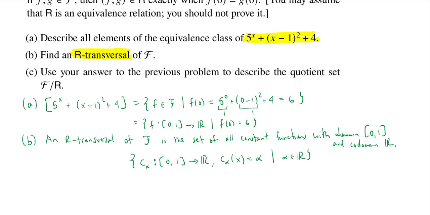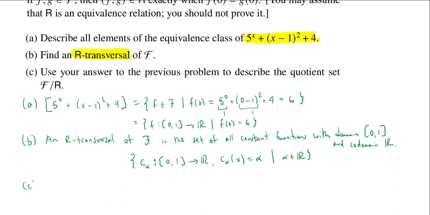Now, one way that I can do this is I can say, well, I know that as soon as I know what the value of the function is at 0, then I know the function's equivalence class, right? I know what it's going to do at least at 0. So that's all I actually have to talk about, which is why, of course, these constant functions worked.